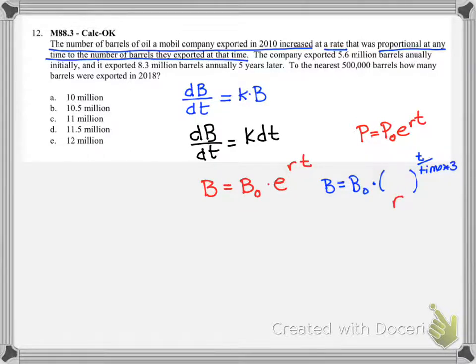So as we think about this, the company exported 5.6 barrels annually initially and 8.3 barrels 5 years later. What that would be in this case is 8.3 over the initial amount of 5.6. That would give us a rate.